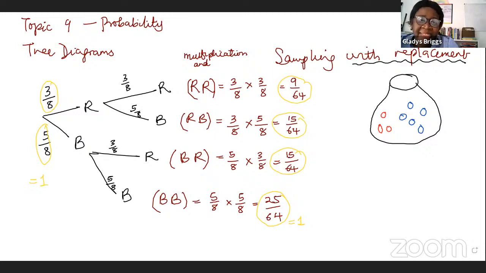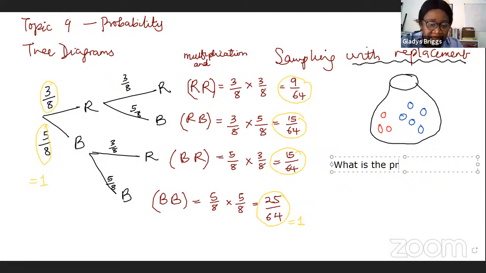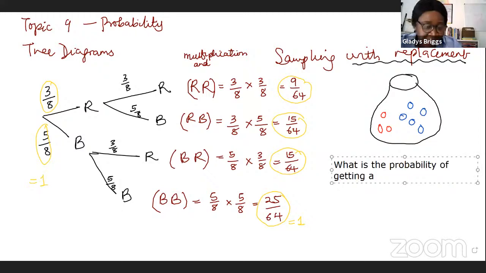So if I ask you, what is the probability, let me write the question out for you now. What is the probability of getting a red and a red? What's your answer going to be?